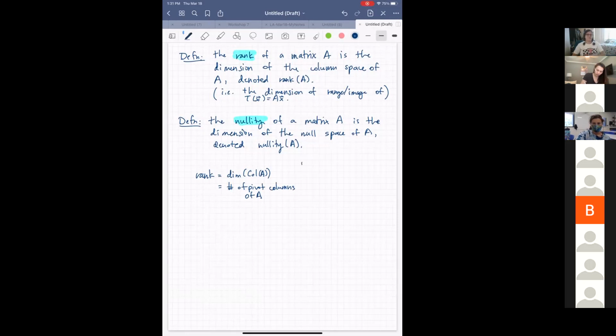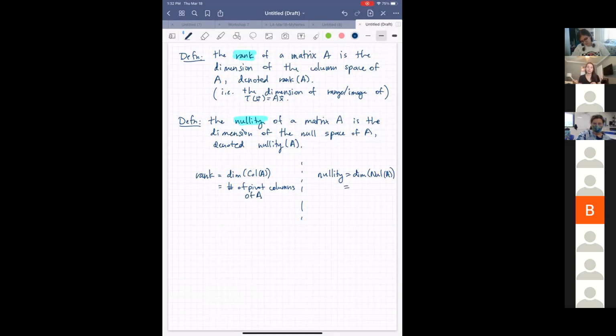And the nullity is the dimension of the null space of A, and this is equal to the number of free variables. Remember, when we're finding the null space, we write our solution in terms of the free variables and create a parametric vector form, and we get those vectors that span the null space.